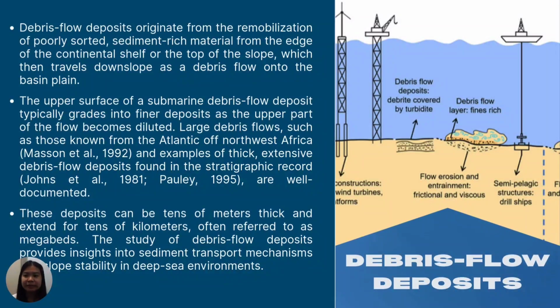These deposits typically show a gradation from coarse materials at the base to finer sediments at the top, reflecting how the upper part of the flow becomes diluted by water interaction.